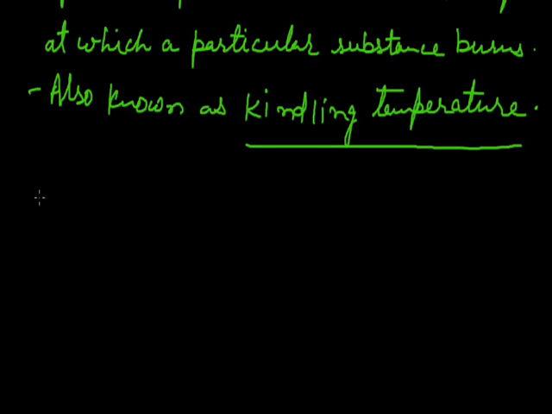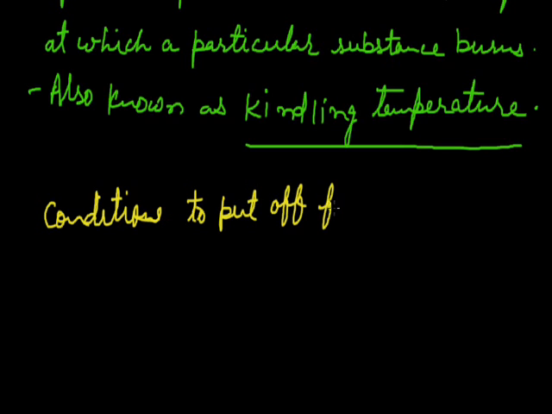Now if one has to extinguish a burning substance or put off a fire, the following conditions are required. A substance which is burning, if that substance is removed, then fire would extinguish.